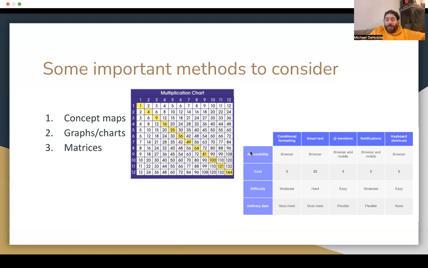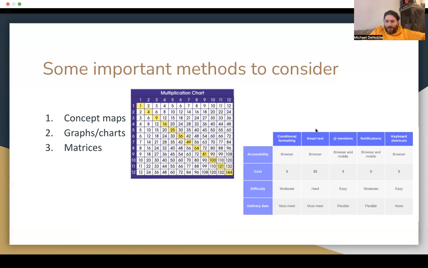Here's an example of something to do with technology. So, accessibility. I copied this picture.